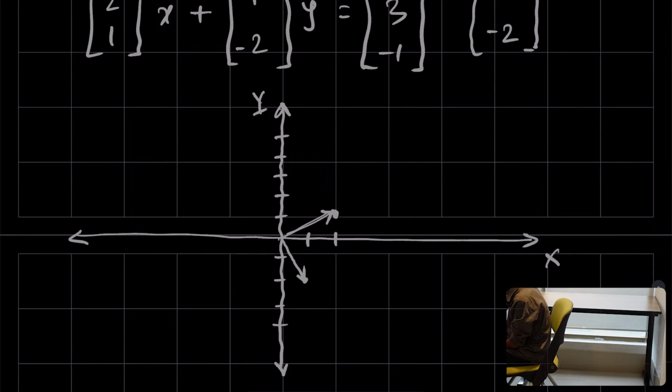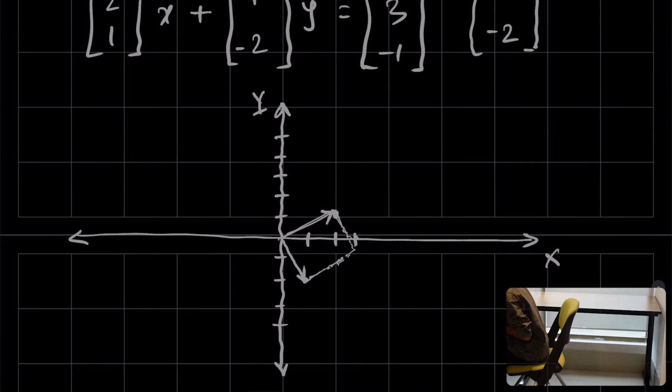From the vector addition, we know that if I complete this parallelogram, the diagonal of this parallelogram will be the resultant of these two vectors, right?